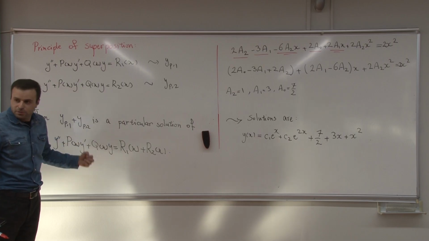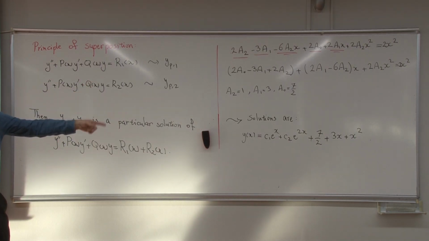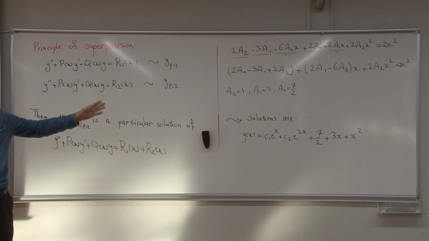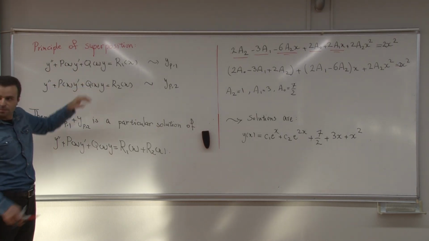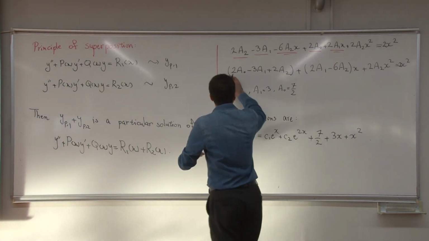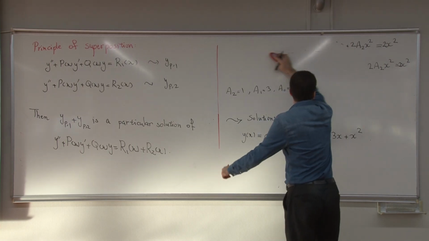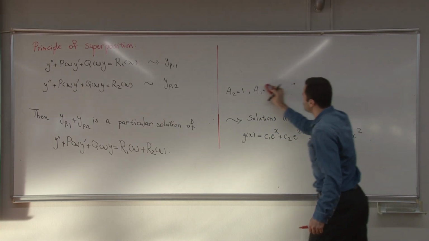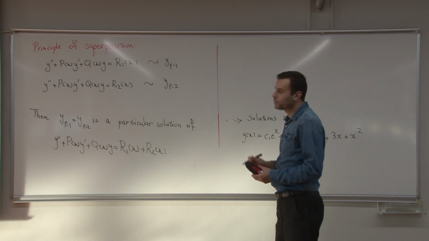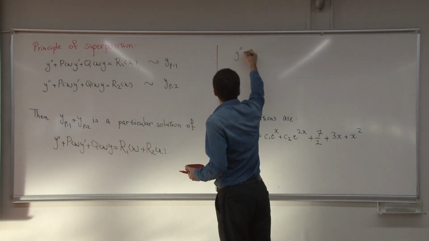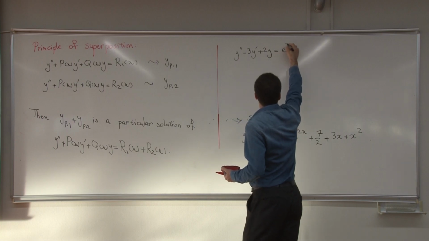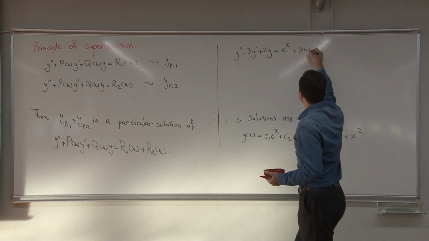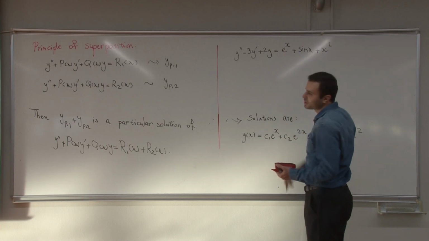If you have this second order linear equation with constant coefficients, this is the generalized version of that, such that the right hand side, this r of x, doesn't make it a homogeneous equation, since it is not equal to 0. For instance, it comes like y double prime minus 3y prime plus 2y equal to e to the power of x plus sine of x plus x to the power of 2, let's call it. Okay?